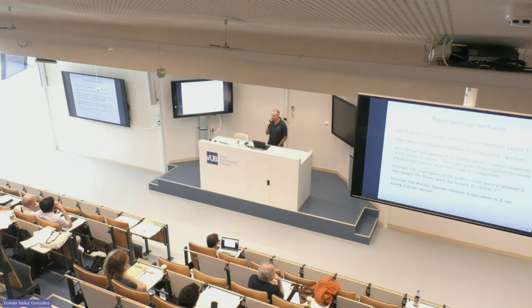As an example, the state space of a quantum system is what's called the spectral presheaf, which assigns the Stone space, sigma B, to each Boolean subalgebra B of the projection lattice of your von Neumann algebra N. And certainly a very nice result from topos quantum mechanics is that the Kochen-Specker theorem is equivalent to this presheaf not having a global section.